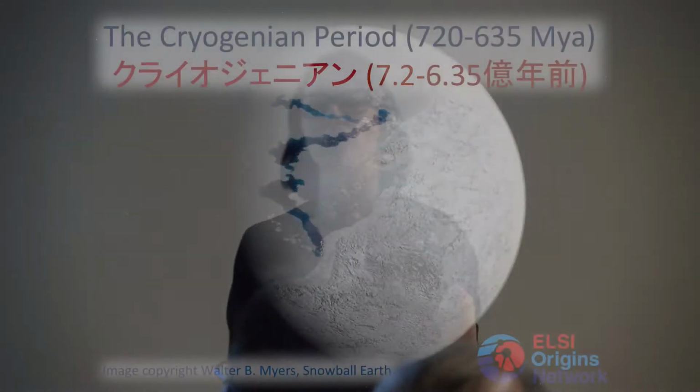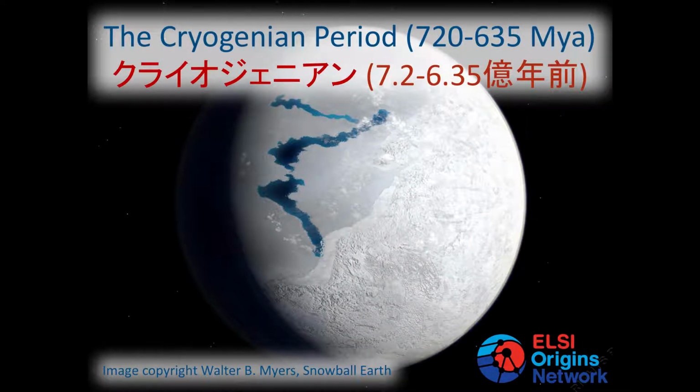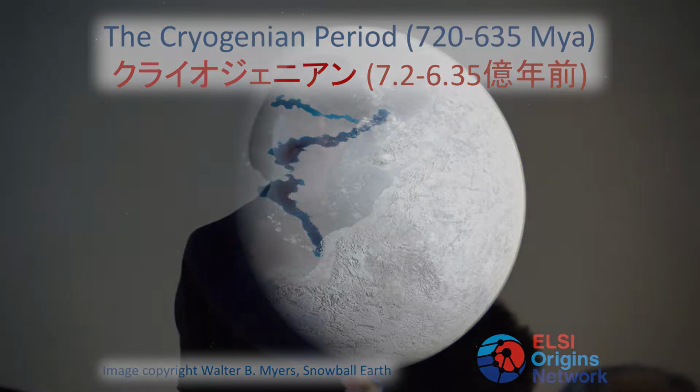Later in the Proterozoic, we have a geological period called the Cryogenian, which means cold birth. During this time, the planet experienced some of the greatest changes in climate that it's ever had in its history. There were at least 2 massive glaciations, ice ages that covered much of the surface of the planet in ice, and each lasted for millions of years.